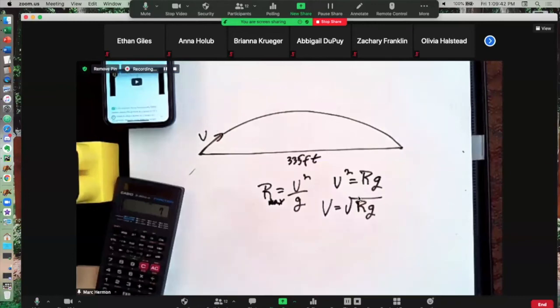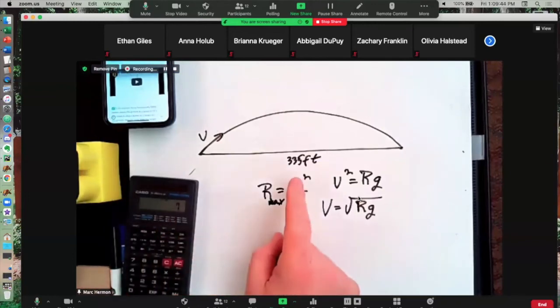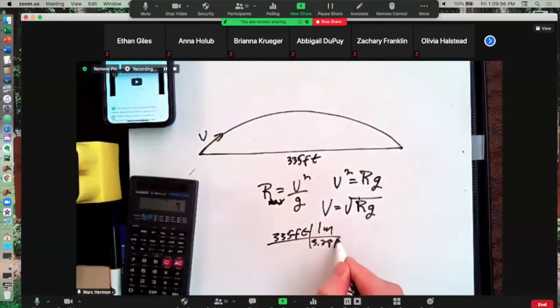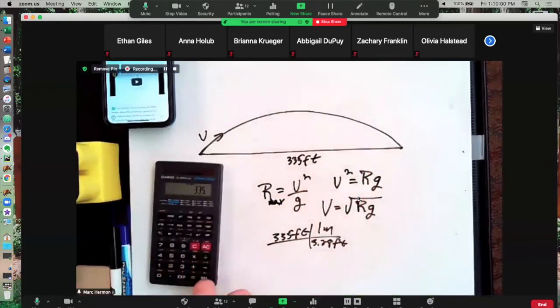Okay? So now obviously this is in feet, so 1 meter is 3.28 feet. So 335 feet, 1 meter, 3.28 feet. We want that to be in meters. So 335 divided by 3.28 is my meters.